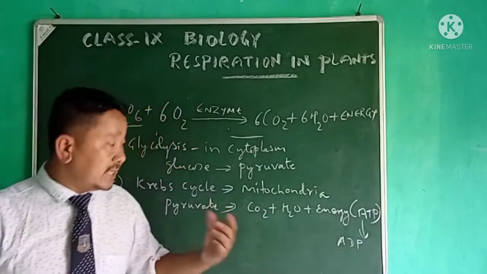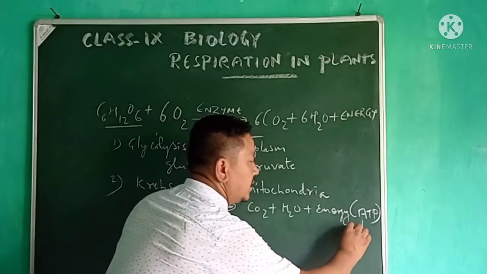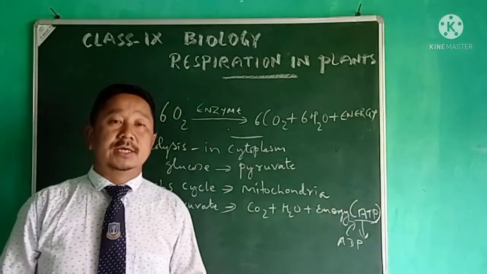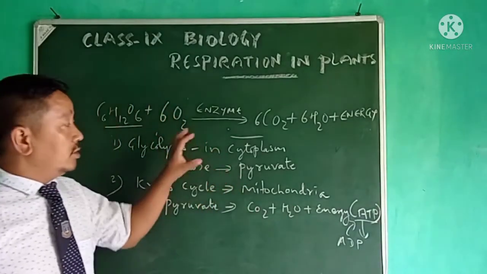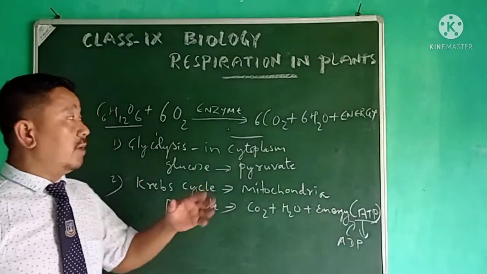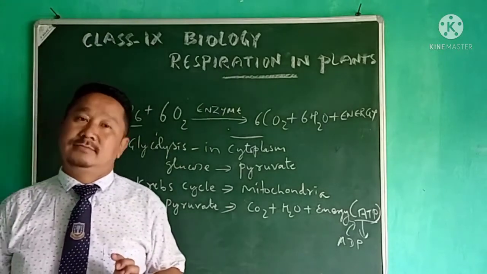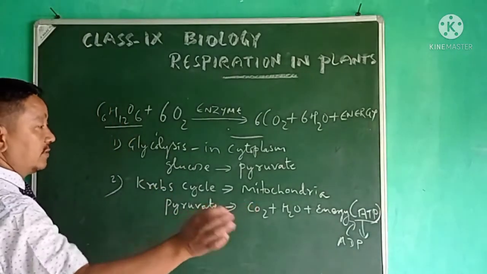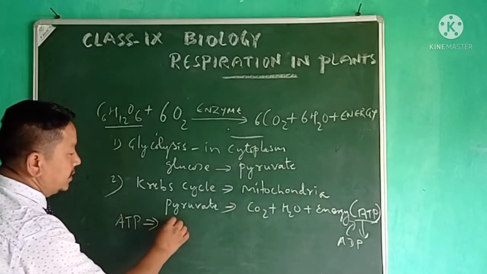And when there is excess ADP, it will be reconverted back to ATP and stored in different parts of the body. This is the information about respiration that we get from this equation. The other thing to understand, as given in the book, is that ATP is called the energy currency.